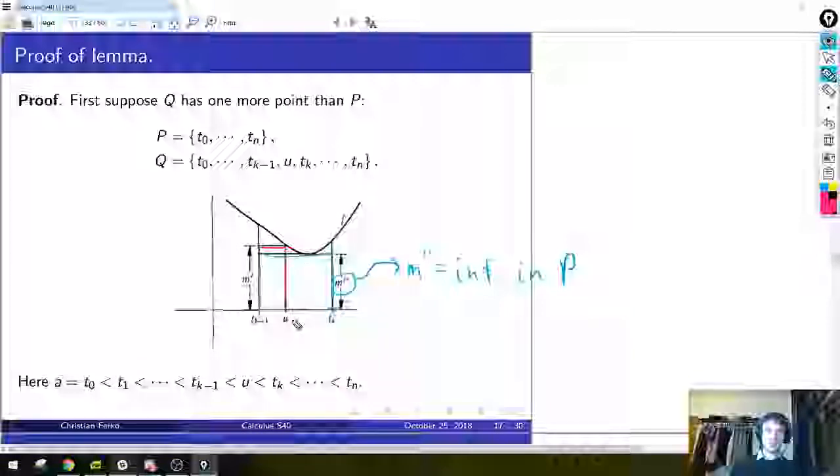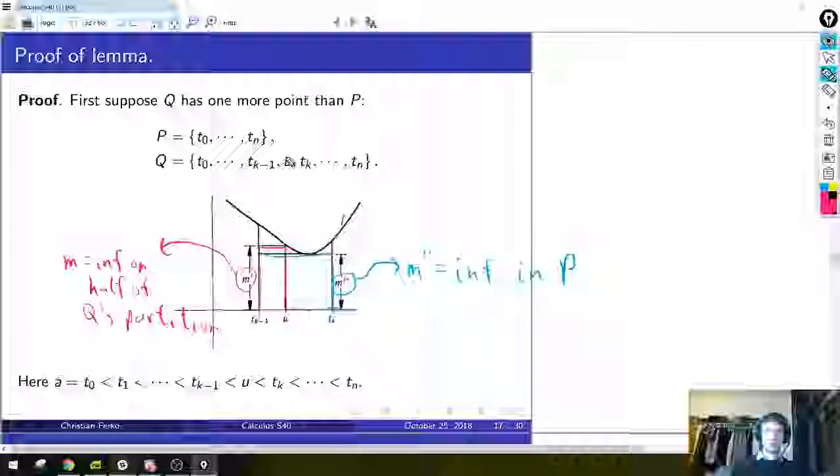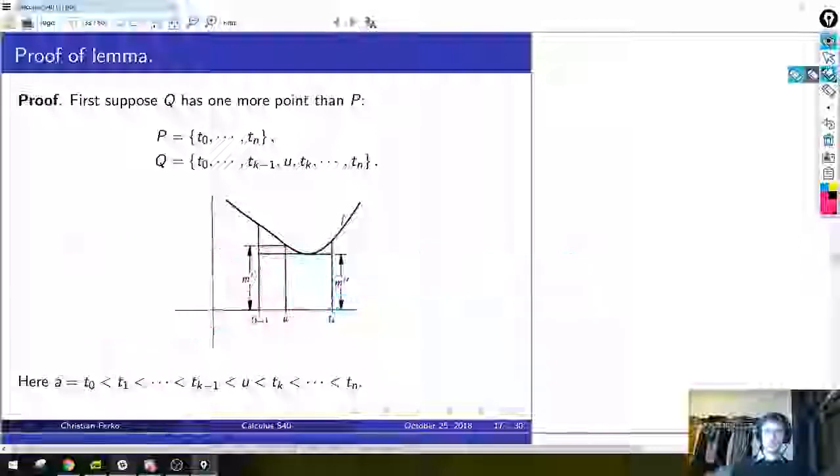Since we injected a new point U, we get a new infimum, M prime, which is the infimum on the first half of Q's partition, because we also have to look at from U to t sub k, in Q's partition. But this is just a picture. I'll actually write the math on the next slide. But is it clear what we're doing here by injecting this extra U point? Yes. Okay, good.